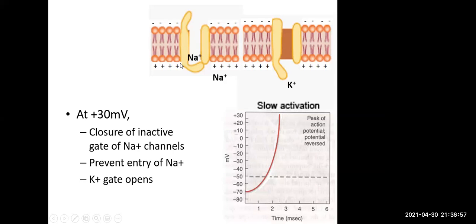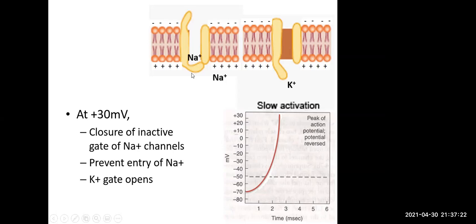At this stage, the inactivation gate closes, and sodium ion cannot enter. Why is there closure of this gate? Because at this level there will be saturation, what we can call the equilibrium level of sodium entry.